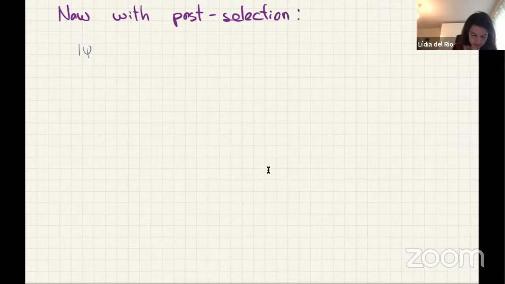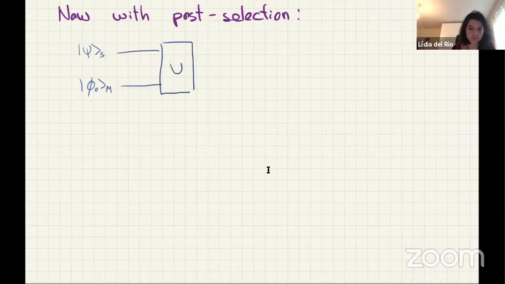We start with psi on S and the phi 0 on the measurement device, on our pointer. We let them interact with this U, where U is e to the minus i t H over h bar.